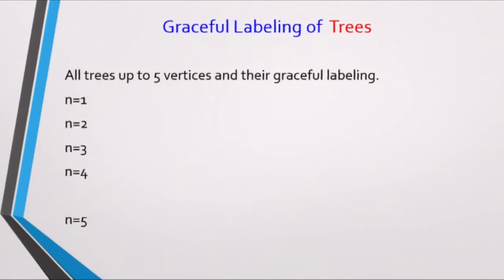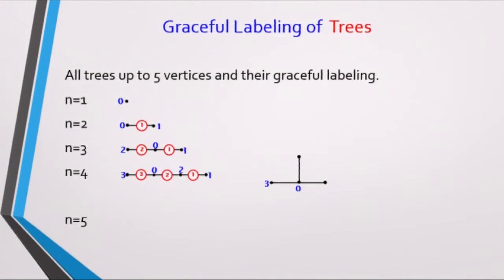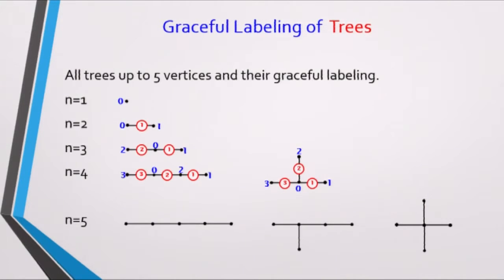The class of graph that got the most attention is the trees. And here are the first few trees with graceful labeling. Five vertices have 3 different trees, and graceful labelings are given here.